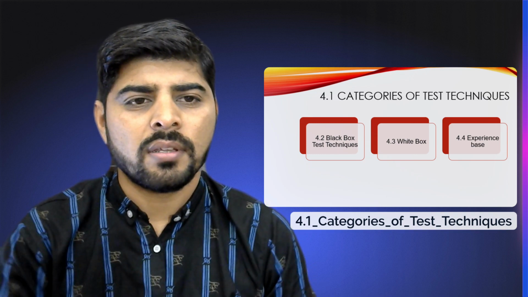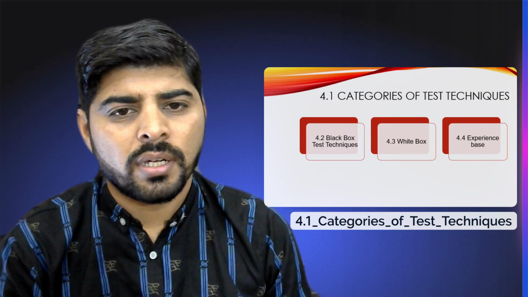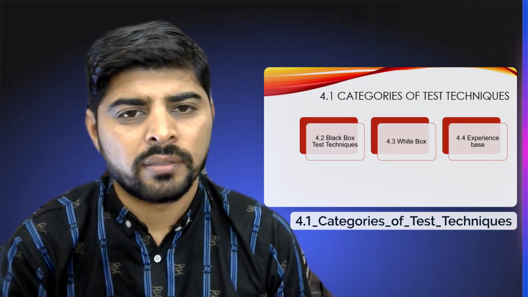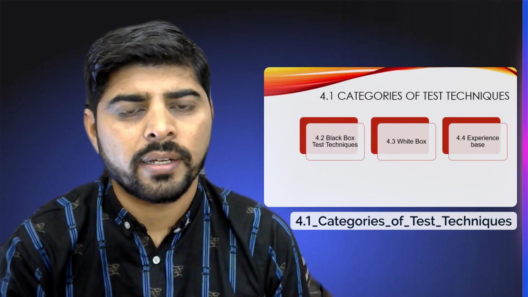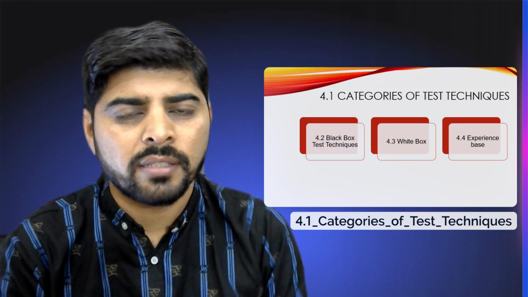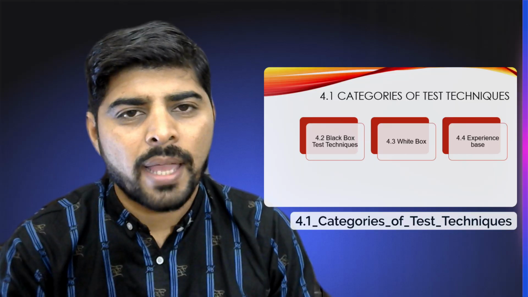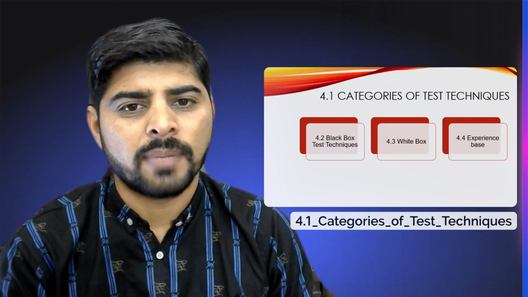So in this session we will discuss categories of test techniques. Section 4.1 is about categories of test techniques. There are three categories of test techniques particularly mentioned in the syllabus: black box, white box, and experience-based.